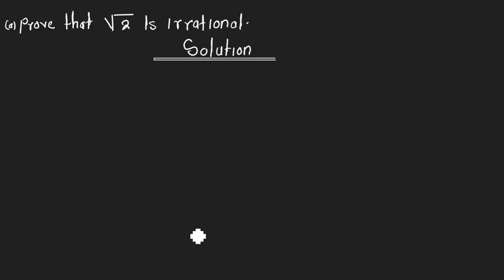So, you need to consider everything that I'll be writing. In order for us to prove that root of 2 is irrational, please consider everything that I'll be writing when proving. Okay? We use a rule that we call proof by contradiction method.